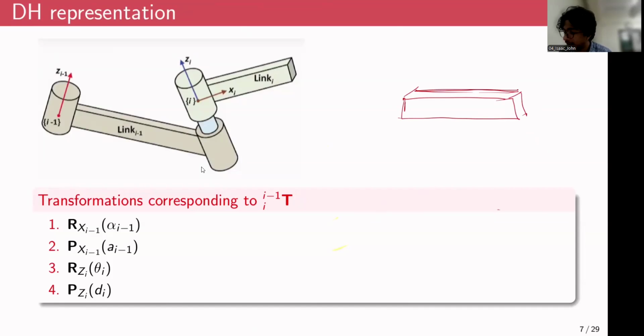So if I consider this direction towards the base to be the direction of the base coordinate, I'll label this as Z0, X0 and Y0. And this corresponds to the base frame, a frame of reference that is fixed to the ground. And in this direction, towards the right, you have the end effector frame, or the gripper frame.